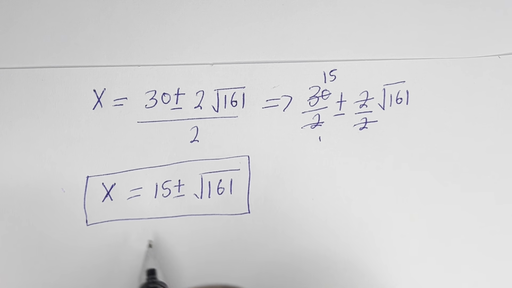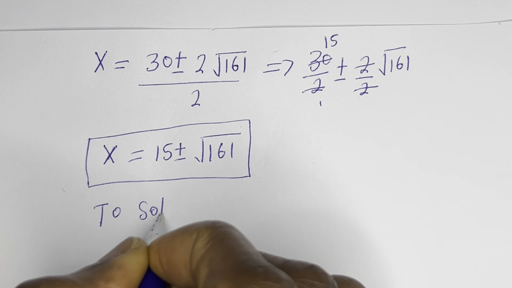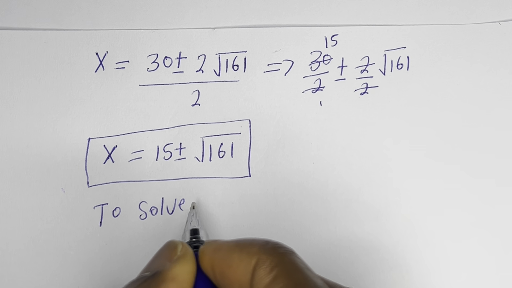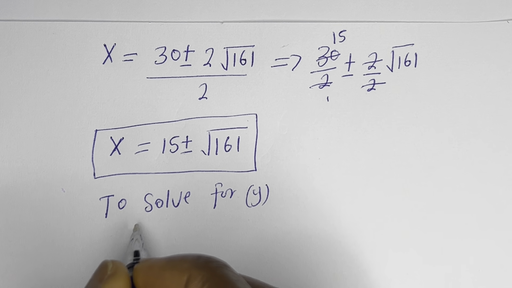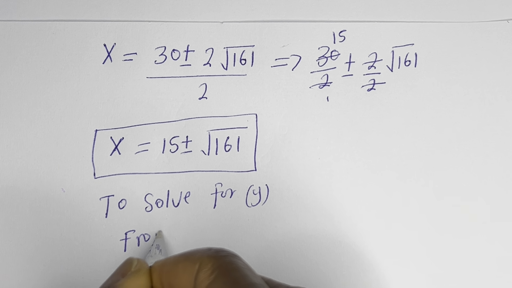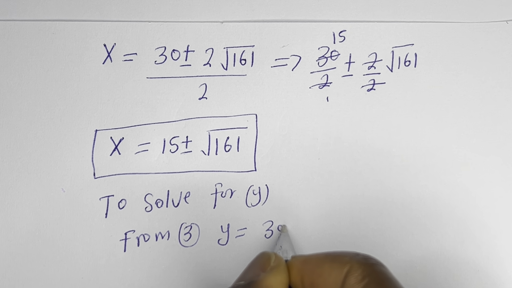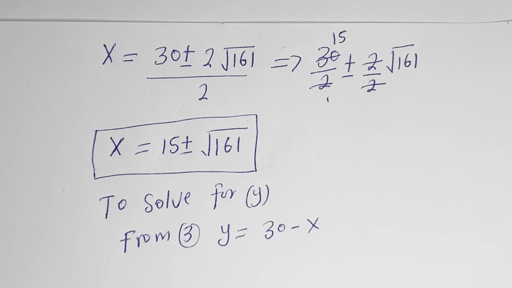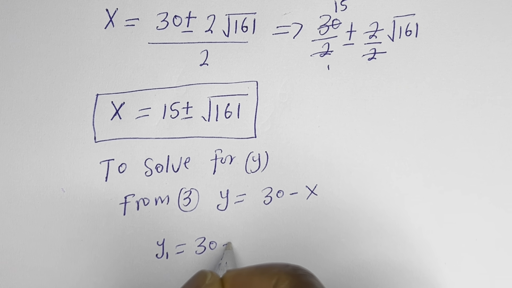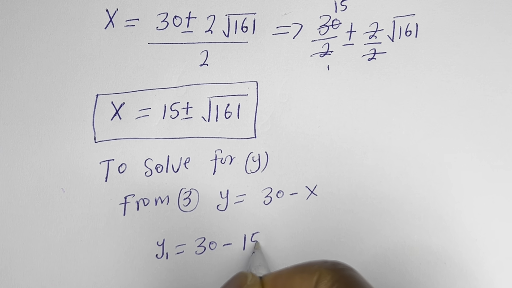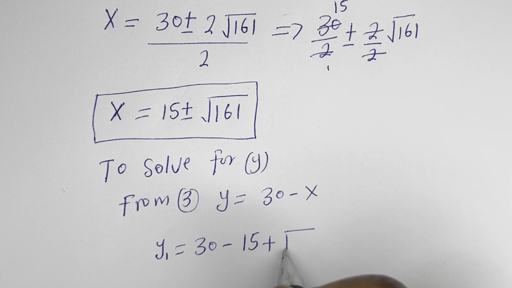We've gotten the value of x. Let's solve for y. To solve for y, from equation 3, y is equal to 30 minus x. Then y1 is equal to 30 minus x1, which will be 15 plus square root of 161.